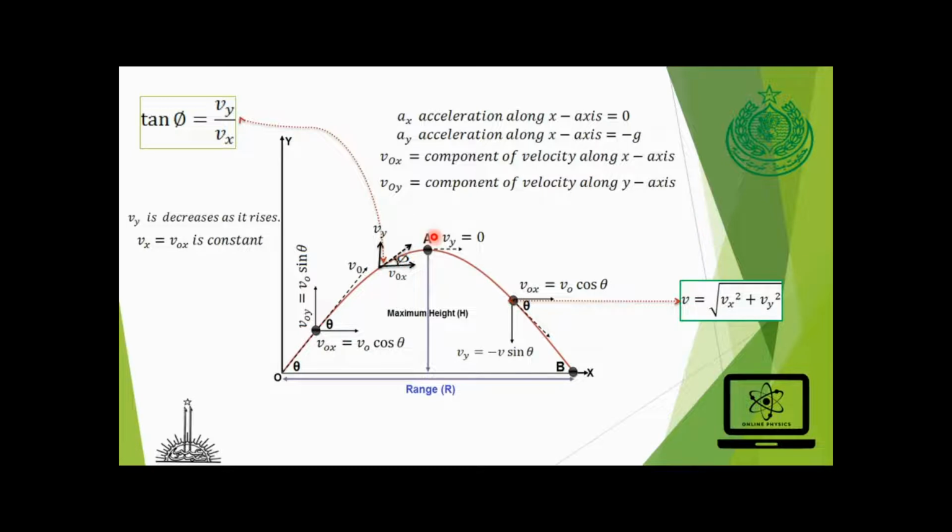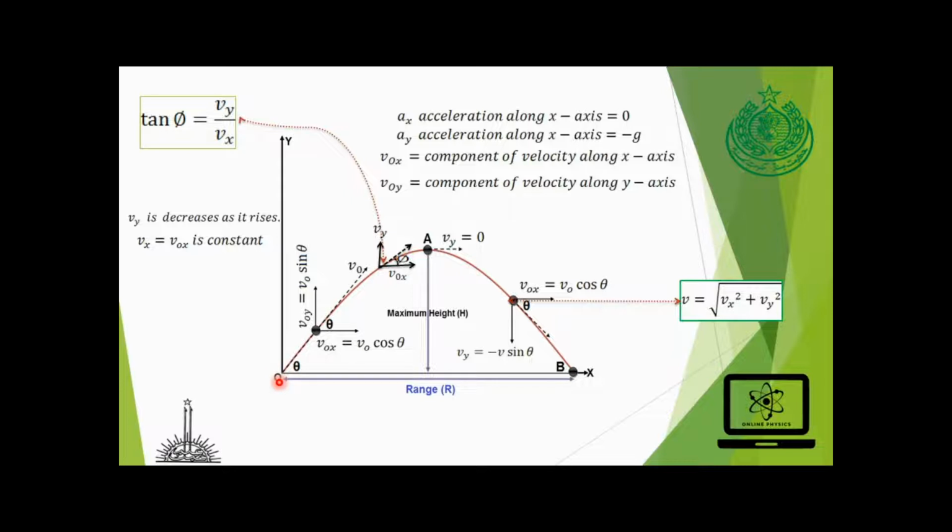This is the diagram to confine our attention to what happens in the xy plane. Let's see. At this point, the instant the projectile begins its flight at time t equals 0, it has initial velocity v naught, making angle theta with the positive x direction.